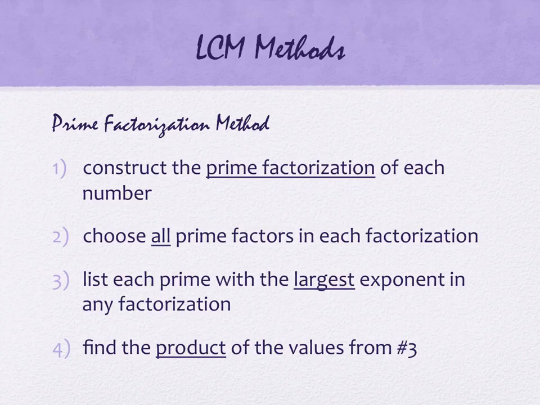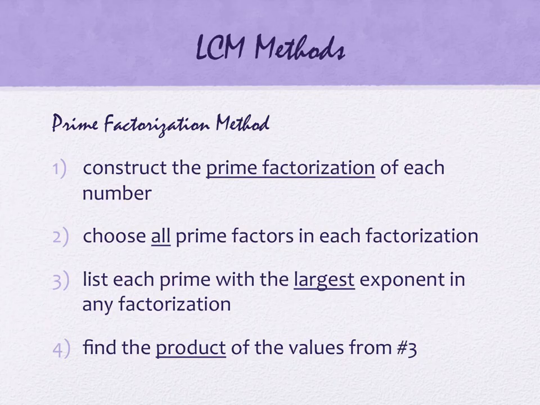Here you see on step 2, that's not what we do. We list out all the primes, whether they have them in common or not. Step 3 is that we use the prime's largest exponent. When we did greatest common divisor, we used the smallest exponent. And then step 4 is the same. We find the product of the things that remain. Okay, we get products at the end.